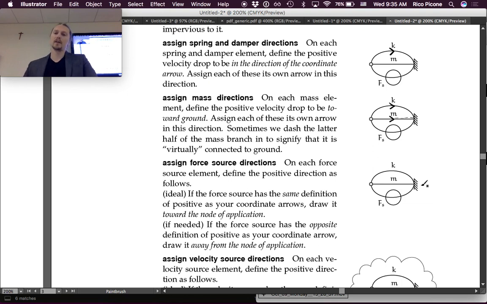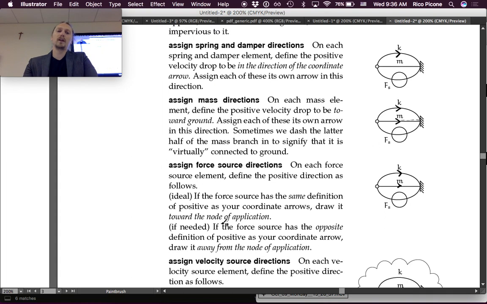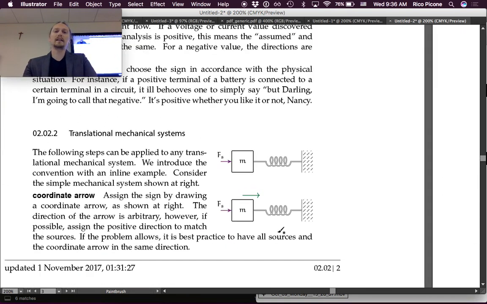Okay? So we still have our spring and we still have our mass this way. Now, our force source, we want to draw it, so if the force is in the same direction as the positive coordinate arrow, draw it toward the node of application. In our case, that is the situation, right?